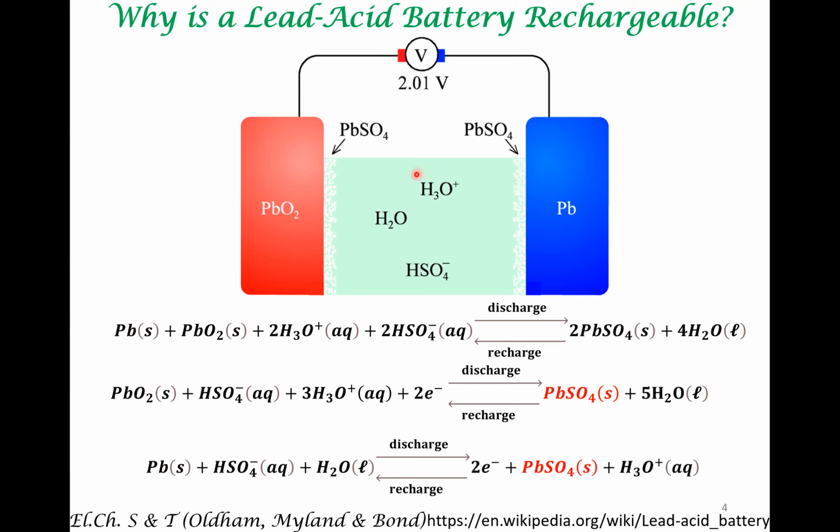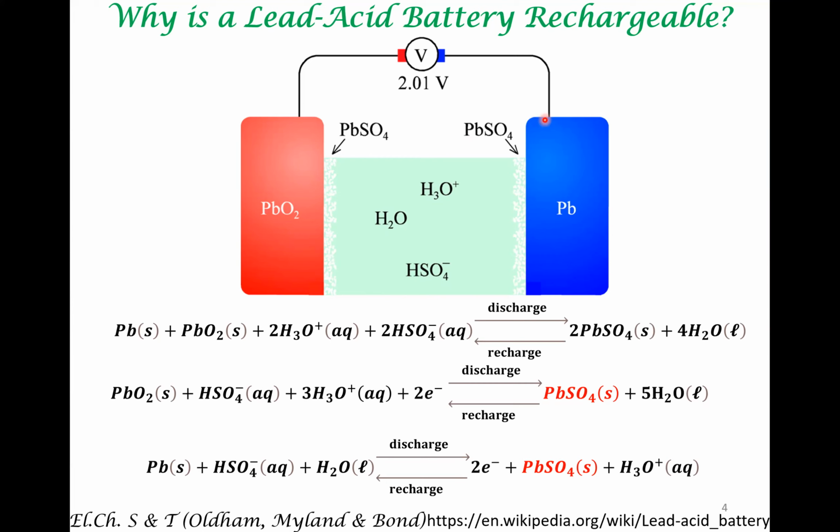That would not be ideal. Because lead sulfate is very minimally soluble in the electrolyte, the lead sulfate that is formed on either electrode gets deposited close to the electrode or on top of the electrode.